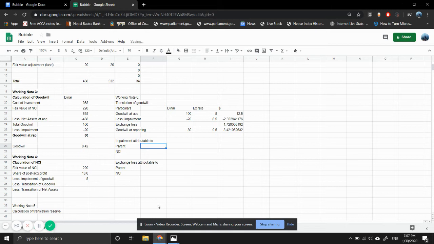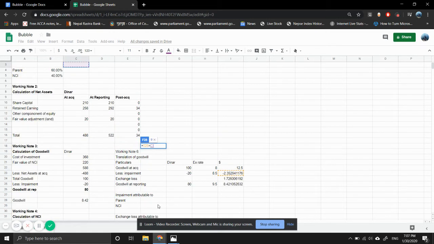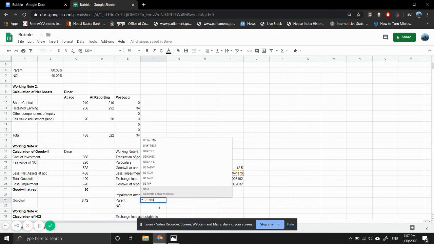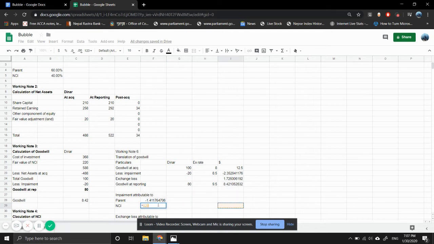Okay, so this figure will be this into holding percentage, 0.4.